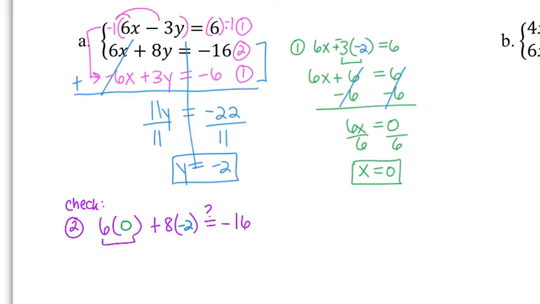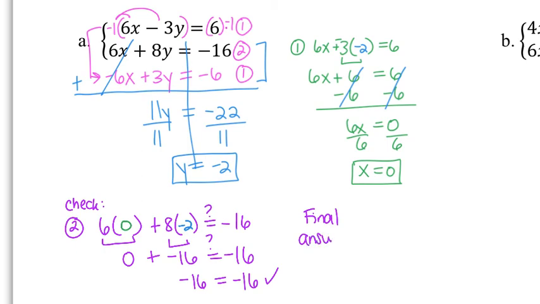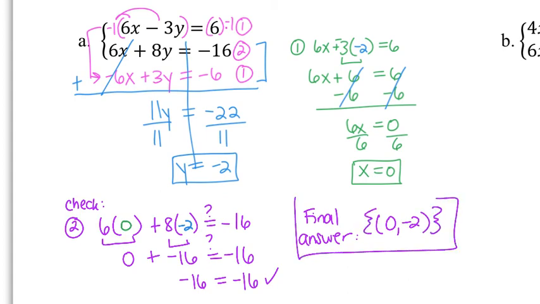Well, 6 times 0 is 0, plus 8 times -2 is -16. And yes, 0 plus -16 is -16. So that is correct. And then we need to write our final answer here as a coordinate point. So that will be 0, -2. And again, I'll just do it in solution sets here. And that's it for your turn number 2, part A.